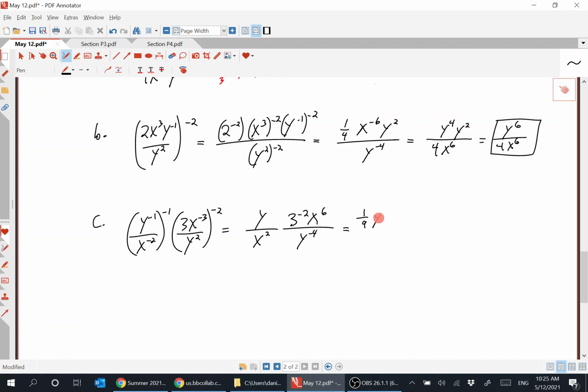Y times x to the 6 over x squared y to the minus 4.